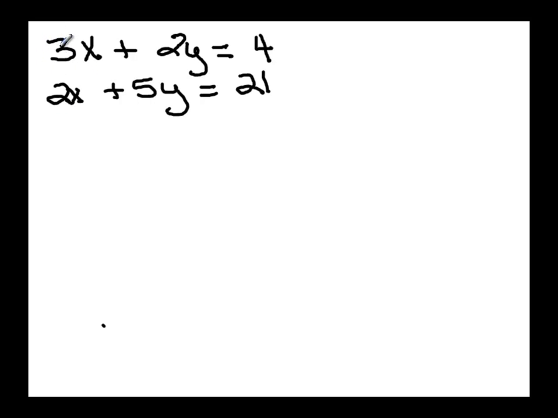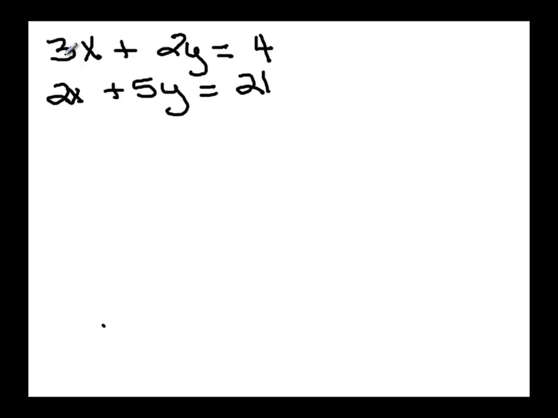And as I do that, I want to think of a number that 3 and 2 can both go into. I can't add x's to both sides to change these numbers, because then I'd have an extra x over here that doesn't help. I can only multiply.